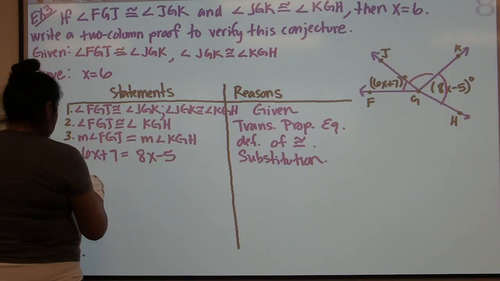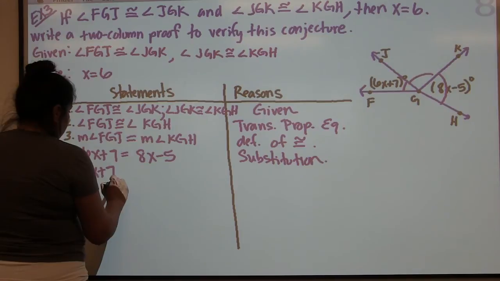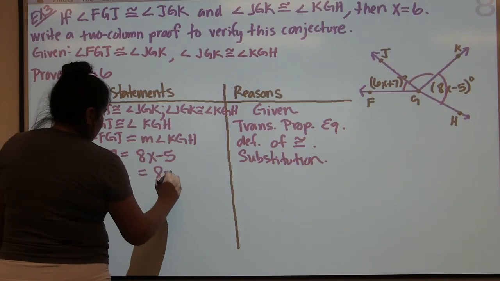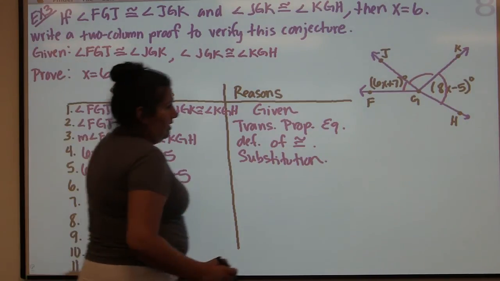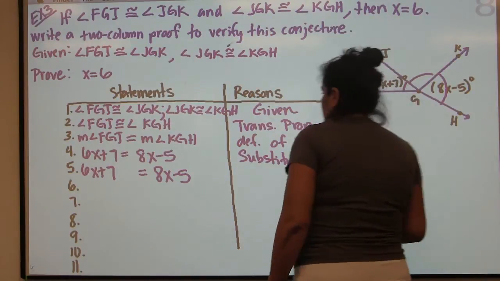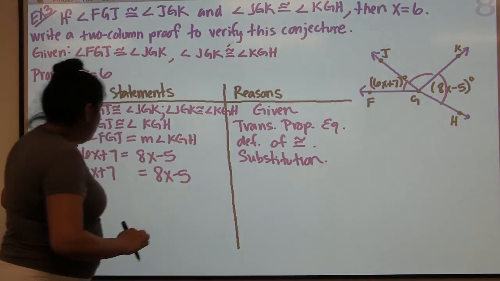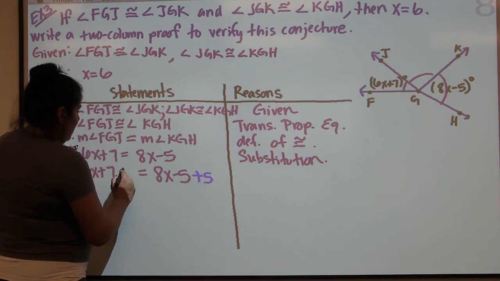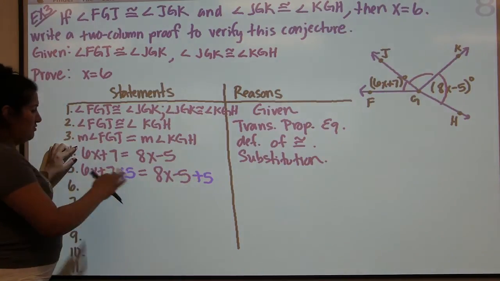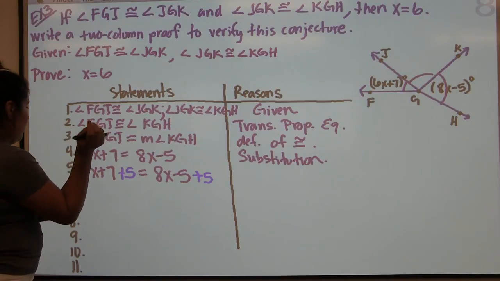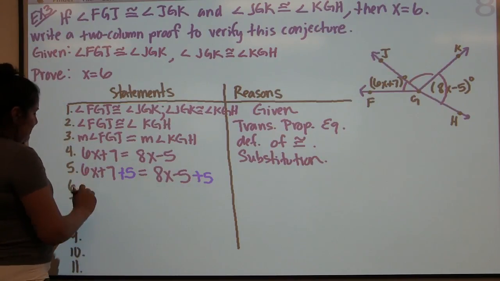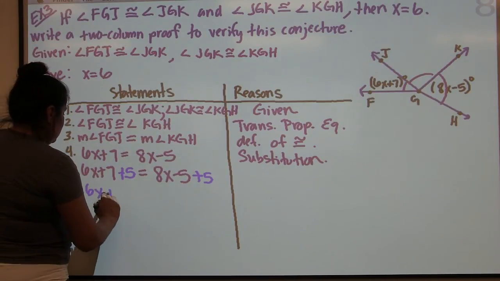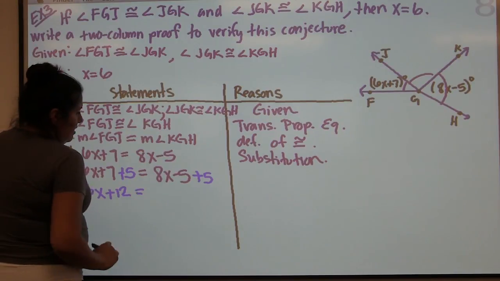So we're going to go 6x plus 7 equals 8x minus 5. And if you want to know what I'm talking about, I'm going to add the 5 here and add the 5 on the other side as well. See how I left some space there? And then that's going to give me 6x plus 12 and then 8x.